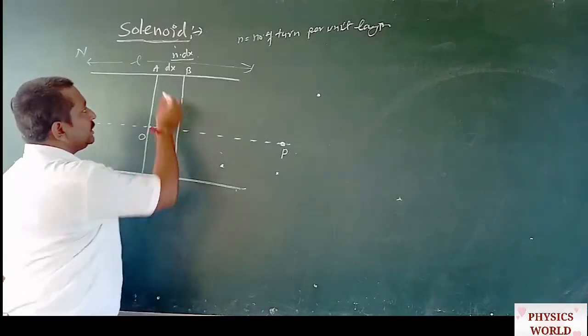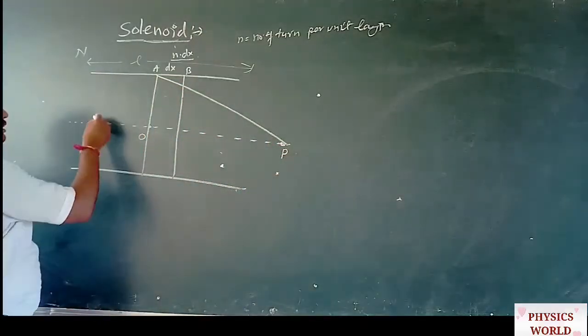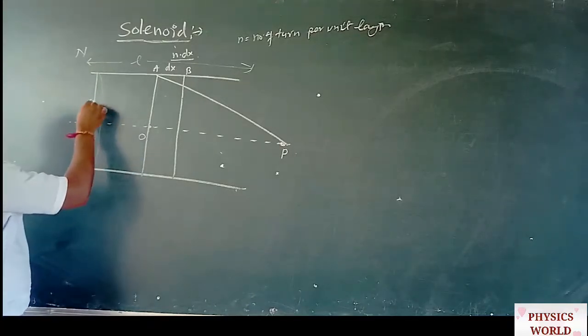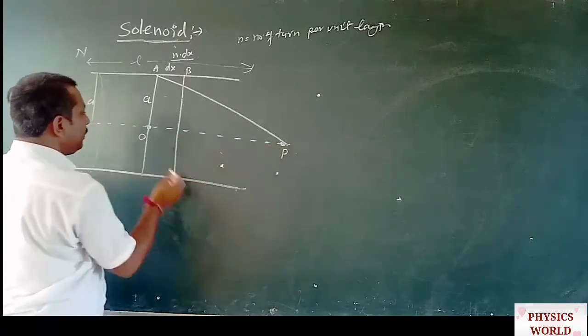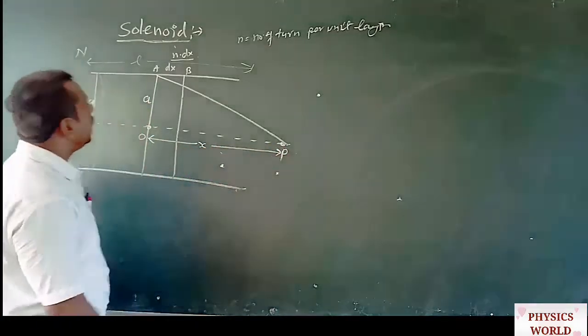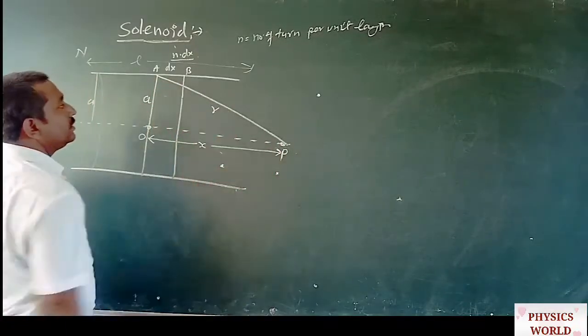If we join A to P, and assume that the radius of the solenoid is a, and the point P exists at a distance of x from the center of the solenoid, then the distance of P from A is r.